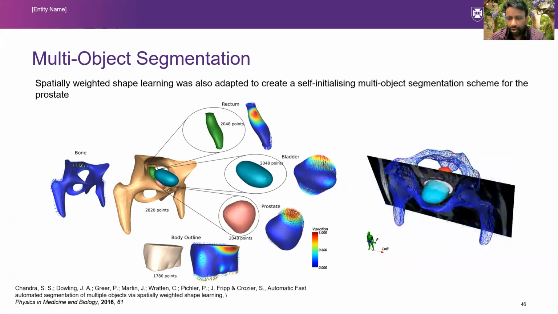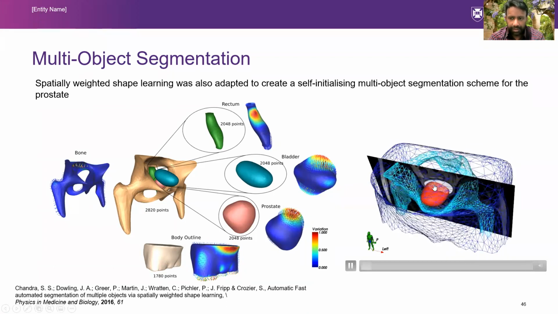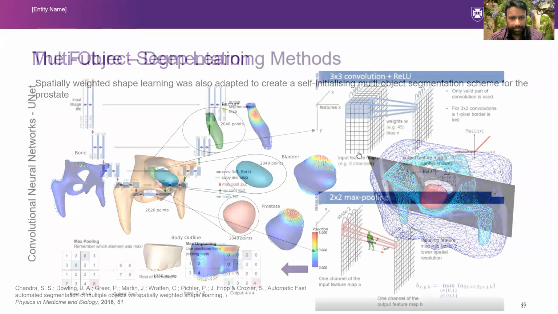And we turn objects on and off hierarchically to improve performance in detecting smaller objects. So we solve the problem of multi-object segmentation through using these spatially weighted PCA models. And you can see finally we just go to the prostate, and it's quite accurate.